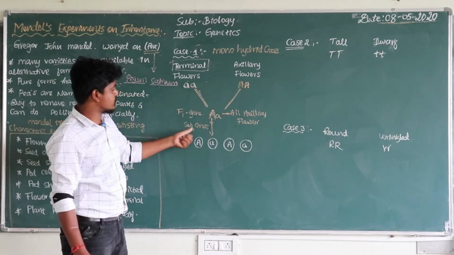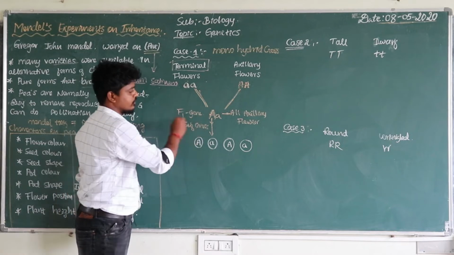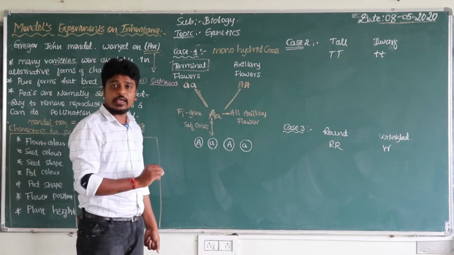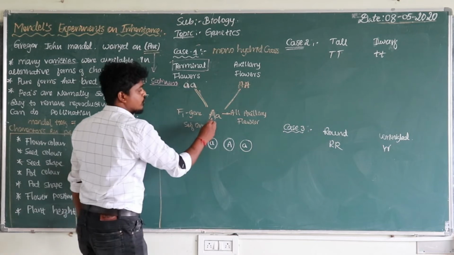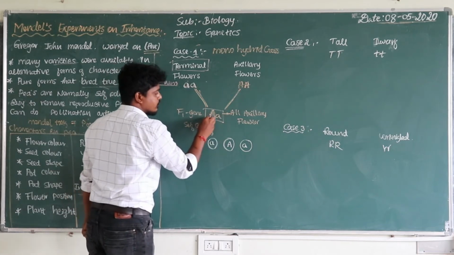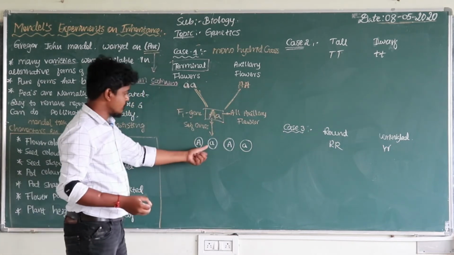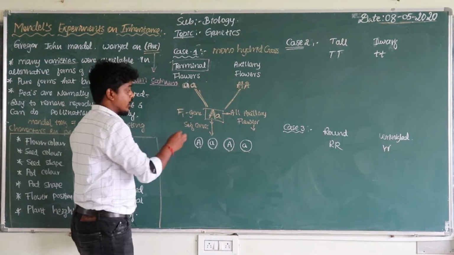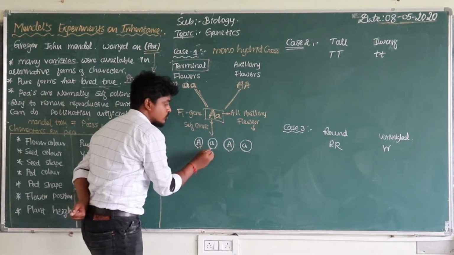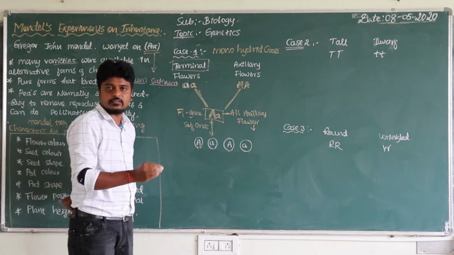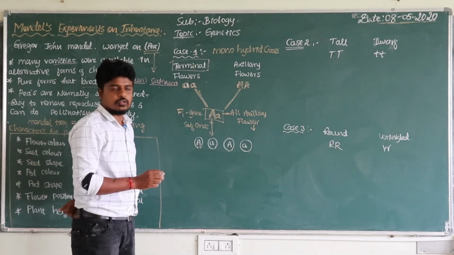When you self-cross the F1 generation, let's have a look here. So how to self-cross? You have to take the same traits. Self-cross means again you have to write another trait. The self-crossing of F1 generation, the capital A. This is how you have to write the separate traits. Have you understood?